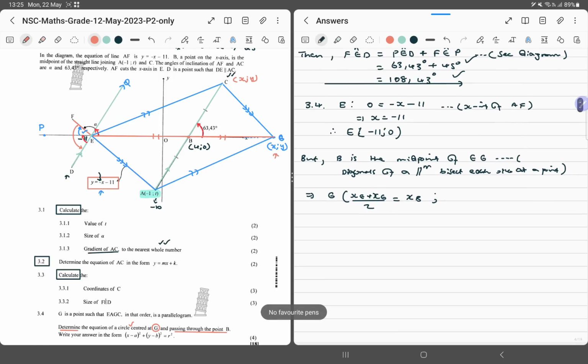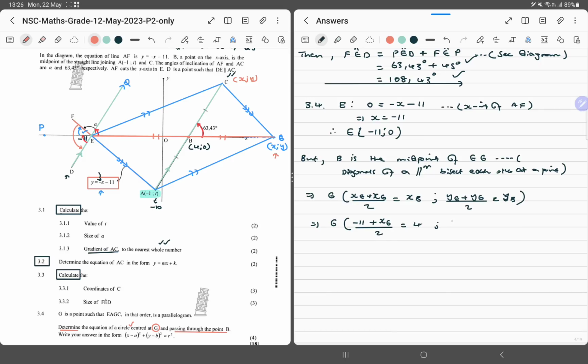The same story is going to be y at G. Y at E plus y at G over 2 should be equal to y at B, which also implies that G is going to be x at E, it's minus 11, plus x at G over 2 is equal to 4.